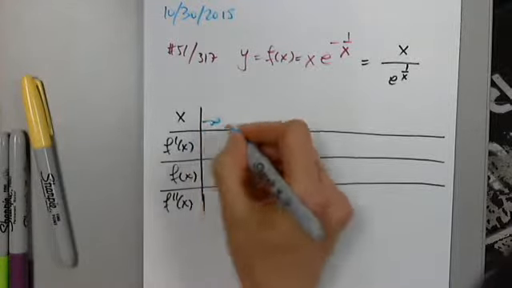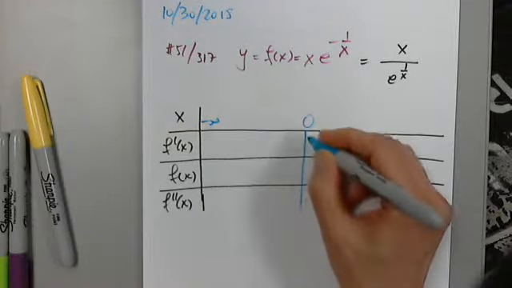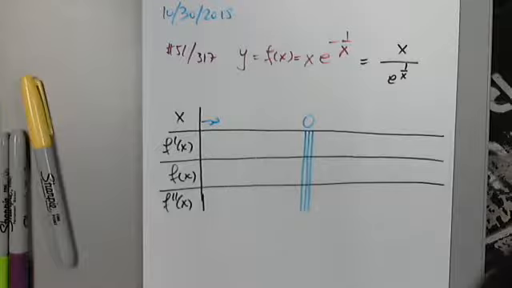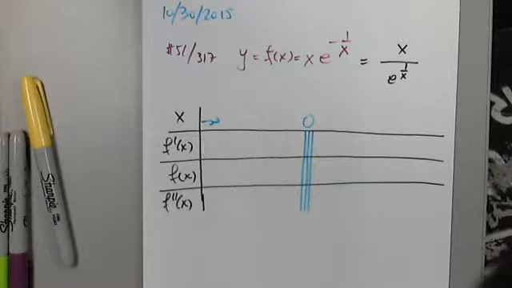Absolutely. Negative infinity to 0, and 0 to infinity. The function is undefined at 0, so will all derivatives. If a function doesn't exist at a point, it cannot be differentiable at that point. Good, perfect.